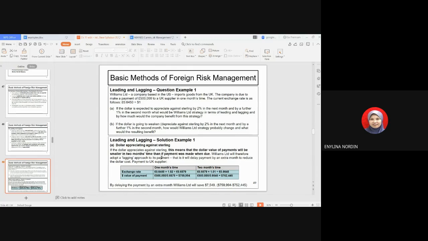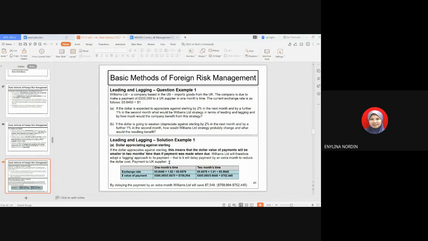So it is better for the company to delay the payment. Therefore, it adopts a lagging approach, that is, it will delay payment by an extra month to reduce the dollar cost. So it will delay the payment until the second month, even though the amount is due in 1 month's time.